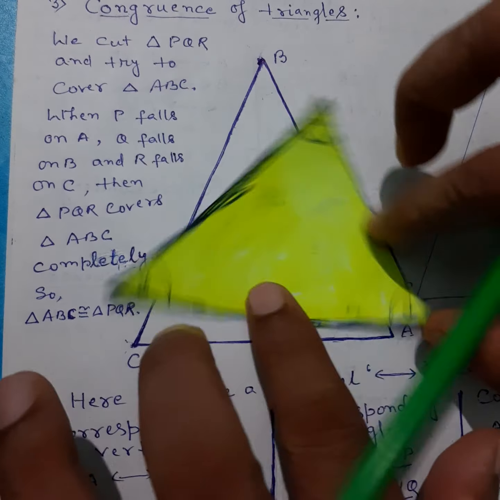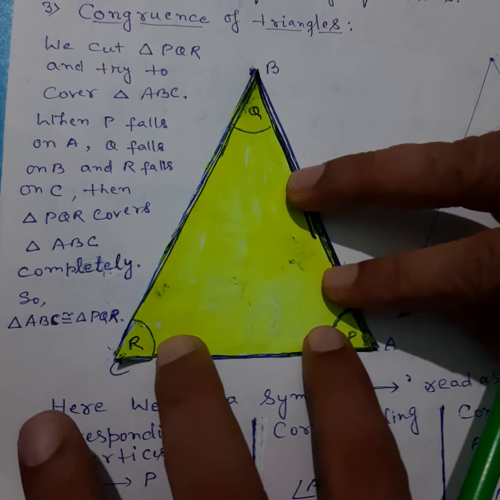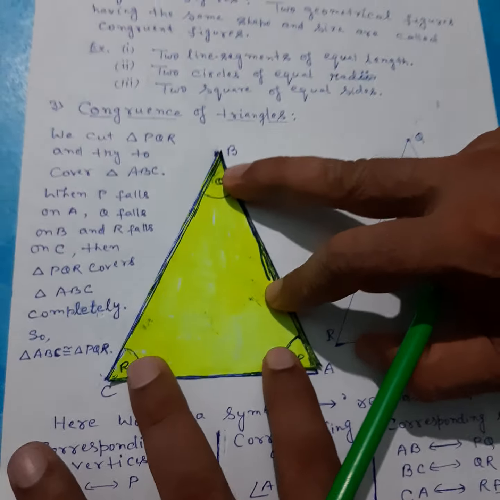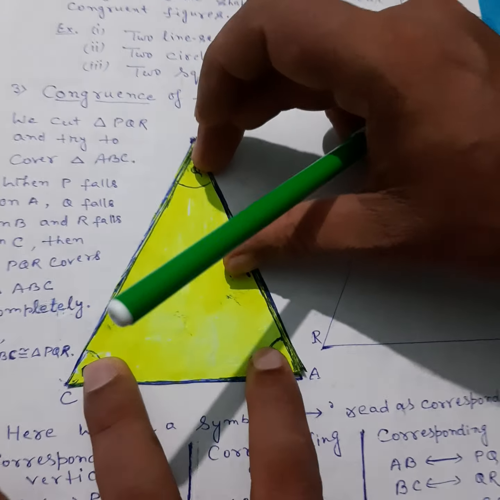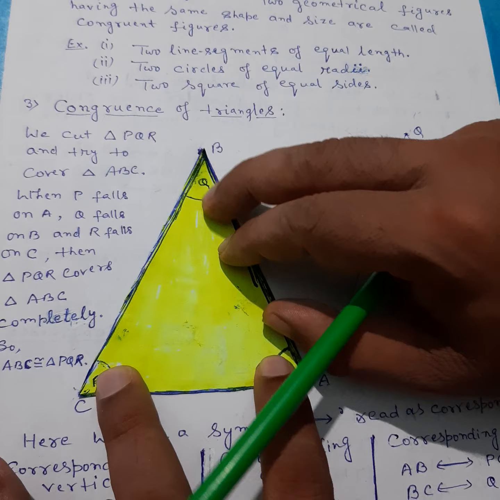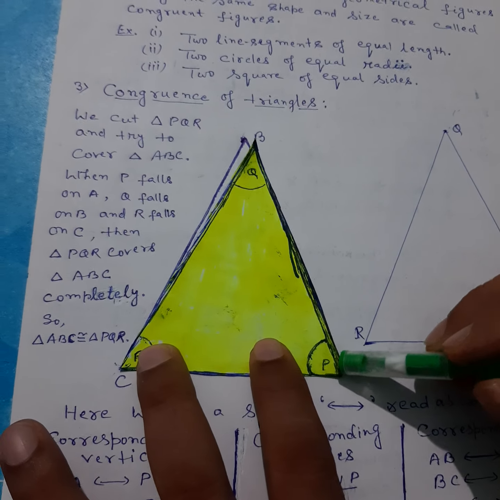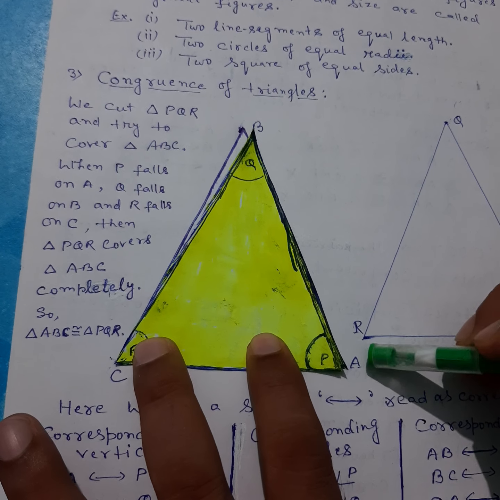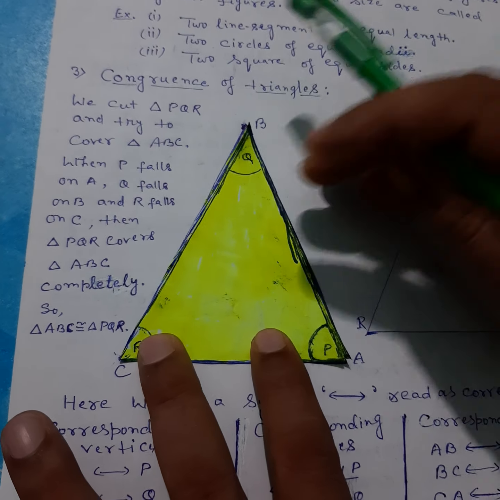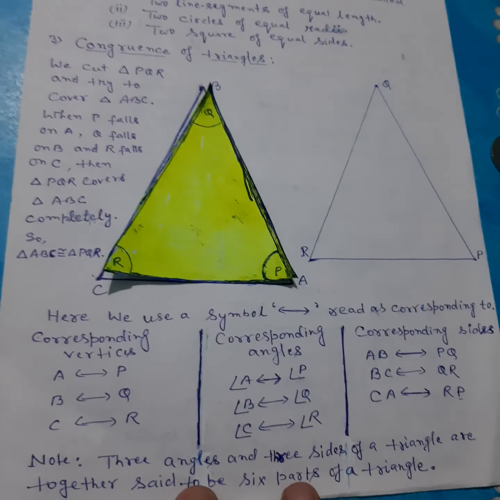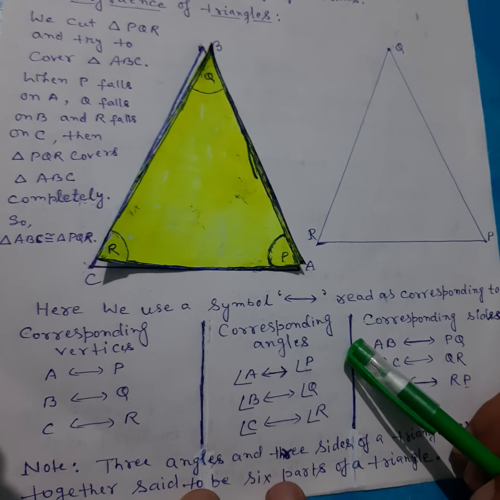That is the condition when point P falls upon A, Q upon B and R upon C, then both the triangles cover each other completely. Here P and A, Q and B, C and R are said to be corresponding vertices.